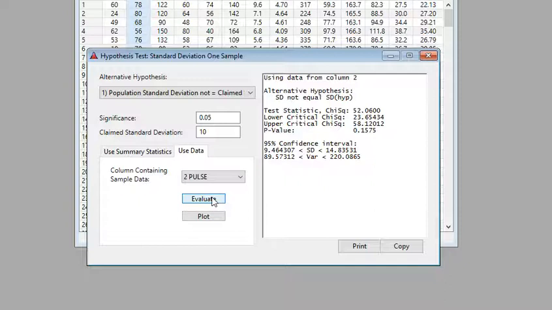Now we need to state our conclusion in words. Let's see if I can dig out that handout for us. Okay.